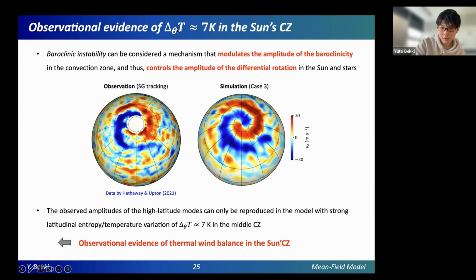So this corresponds to a latitudinal temperature variation of about 7 Kelvin in the middle of the convection zone, which is much too small to be directly measured. But using this inertial mode argument, we can still infer the existence of this very tiny latitudinal temperature variation in the sun's convection zone.